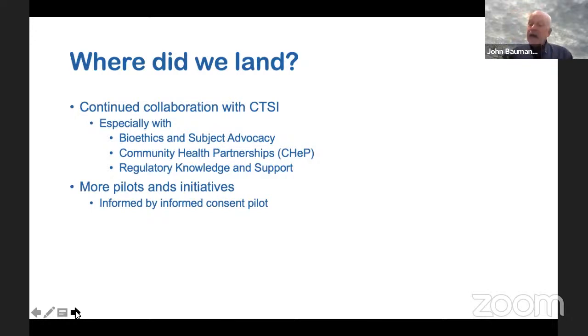And at the end of the day, we developed that approach. We pushed out the guidance, we pushed out the models of visualization, and we encouraged more pilots and initiatives on our part, based on what we thought was a very successful working group around informed consent.